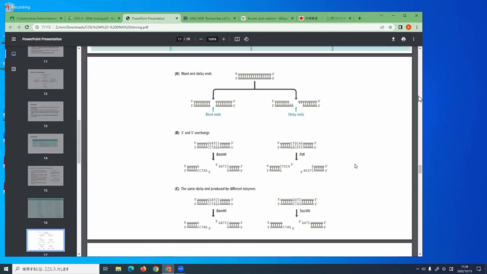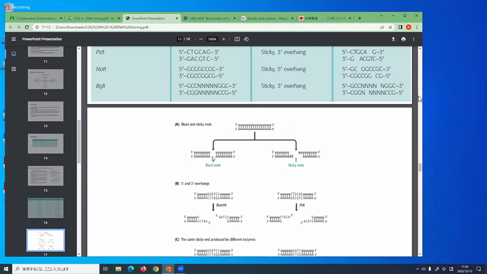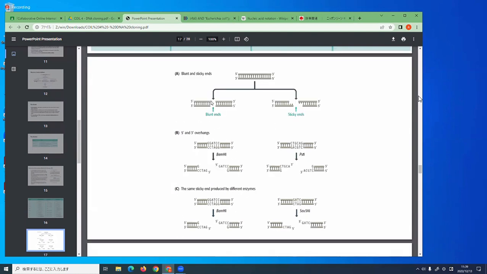So here's the explanation. However, if you cut something with a blunt end, like example C, right? This is sticky end, produced by different enzymes. If blunt ends, you can always join with something else that is also cut with a blunt end, and that wouldn't be specific.